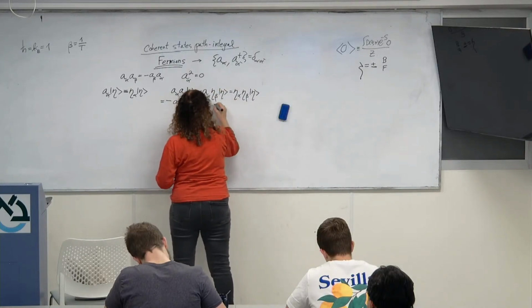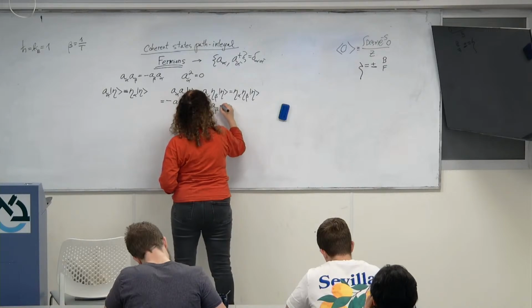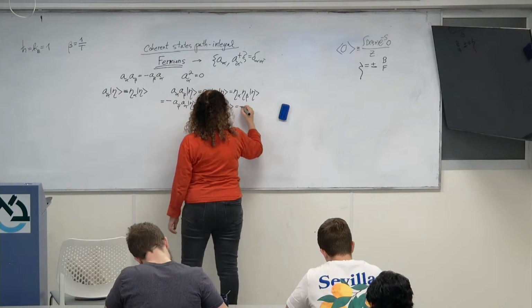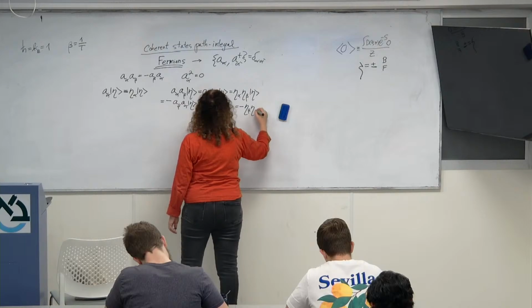Okay, so minus, we do it slowly, eta alpha, eta, and then minus eta beta, eta alpha.